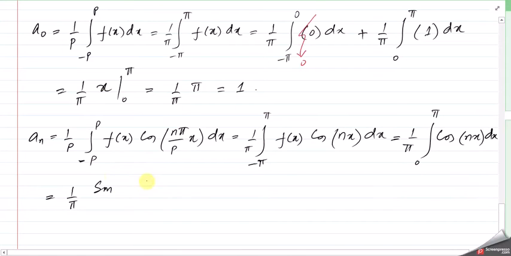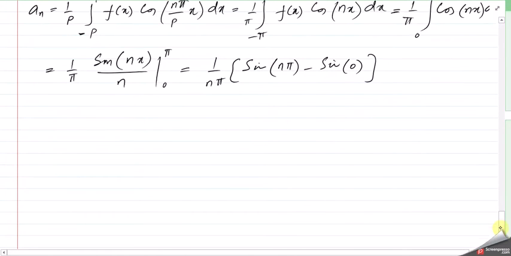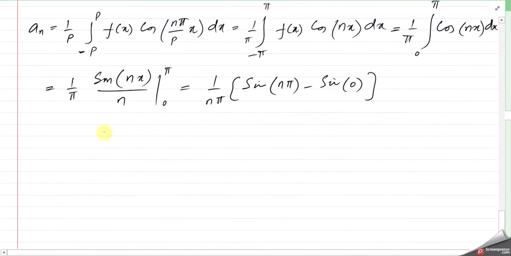1 over pi, the integral of cos nx gives sin nx over n, from 0 to pi, and that would be 1 over n pi. We can multiply n and pi together, and then first pi substituted in, and then 0. Right. Sine n pi is 0. Okay, this is a general rule. You can check with your calculator as well.